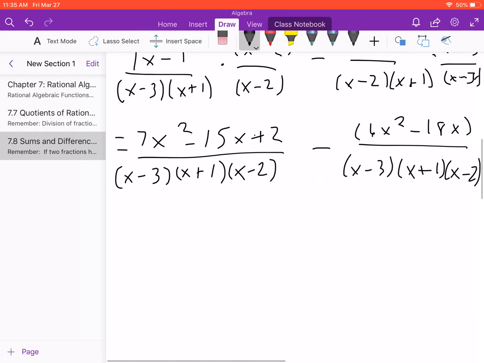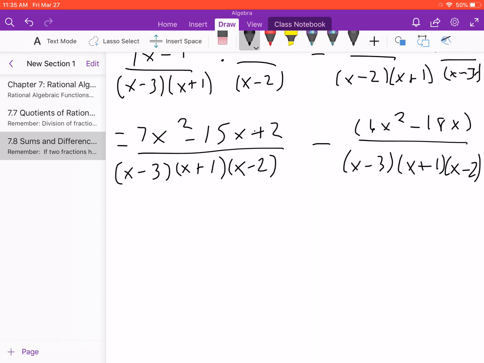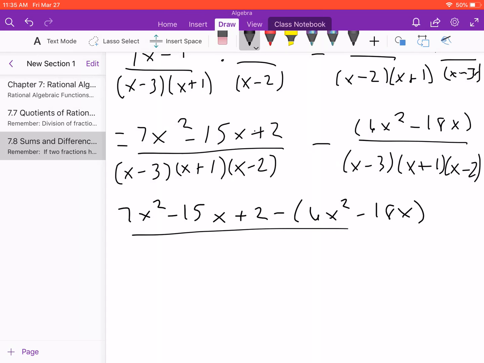And so now we can combine our numerator and our denominator and simplify. In our numerator, we are left with 7x squared minus 15x plus 2 minus (6x squared minus 18x), and we have this same denominator, (x minus 3) times (x plus 1) times (x minus 2).